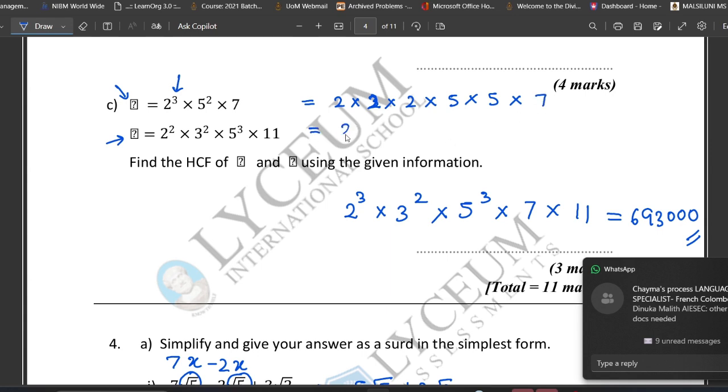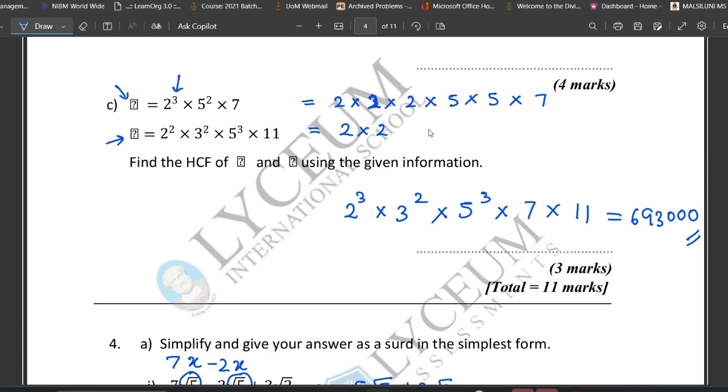This one also 2, 5 times 5 times 5 times 3 times 3 times 11. So then we can identify factors that are common in both.